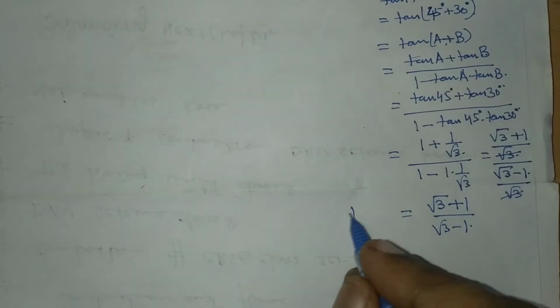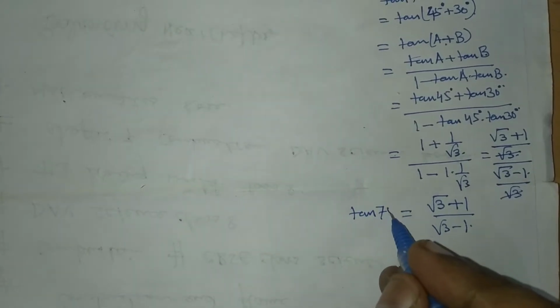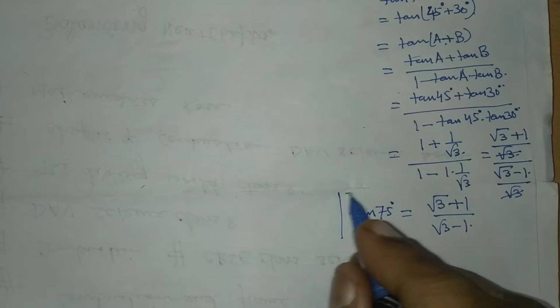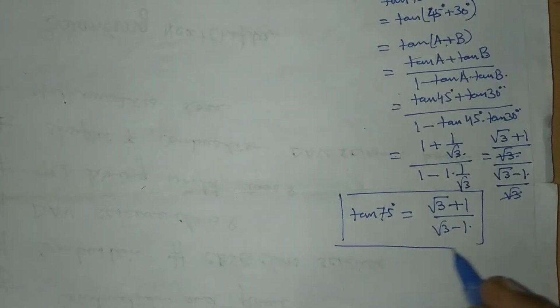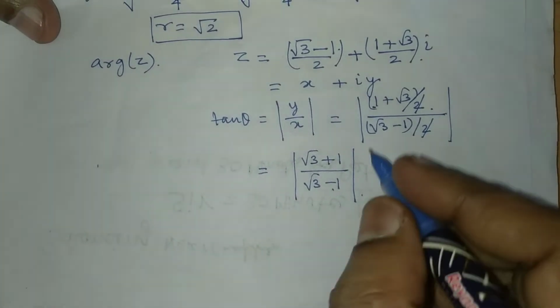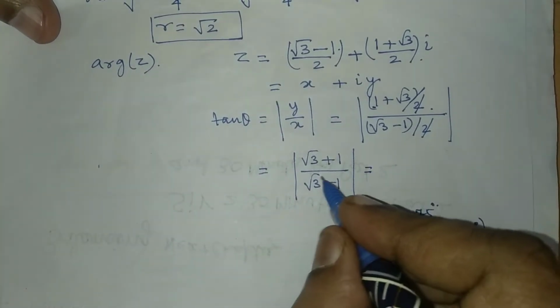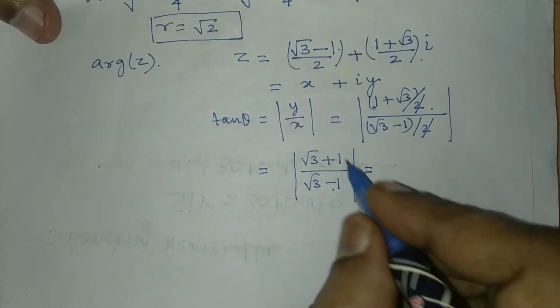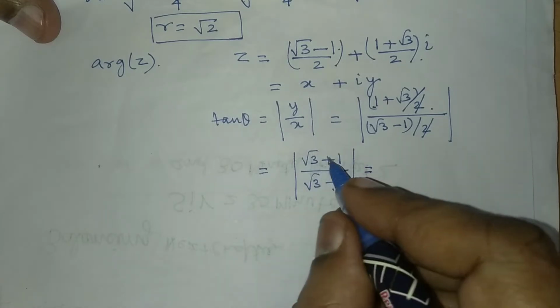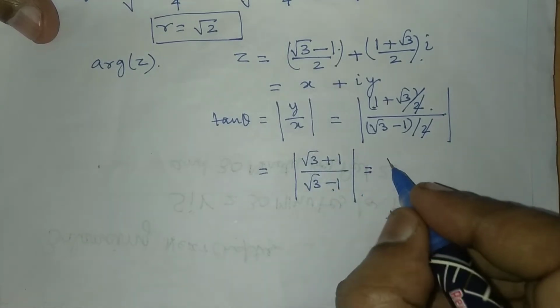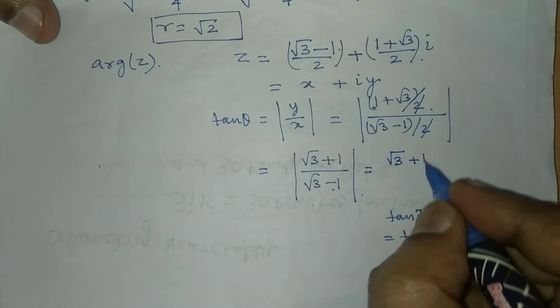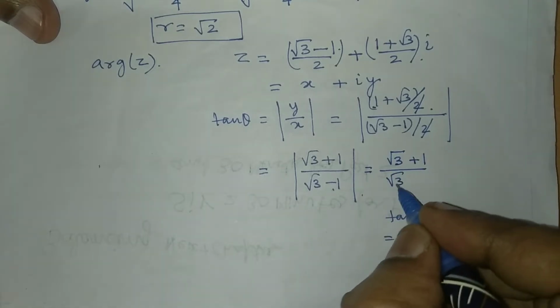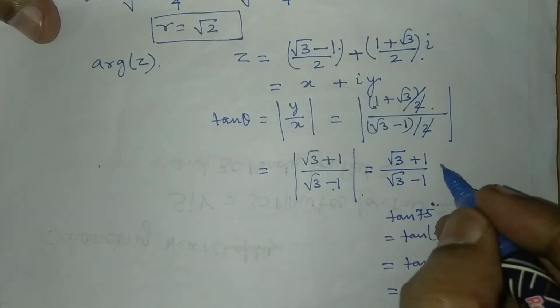So it means that tan 75 degree is equal to this. So we can write here the modulus of this. This is greater than 1 and obviously positive, so it is also positive. This modulus will be root 3 plus 1 divided by root 3 minus 1.